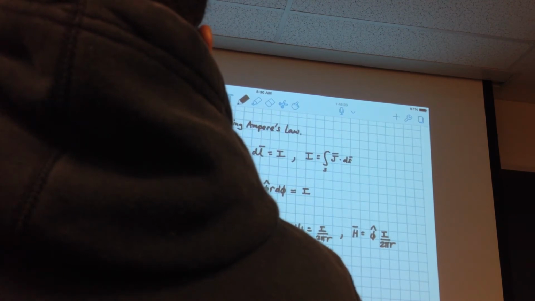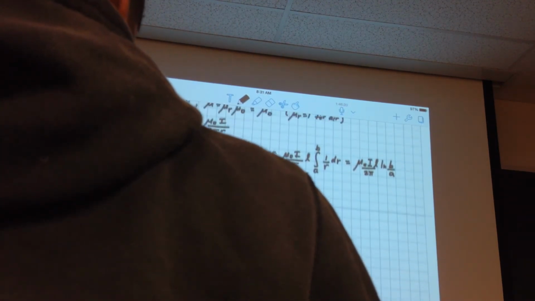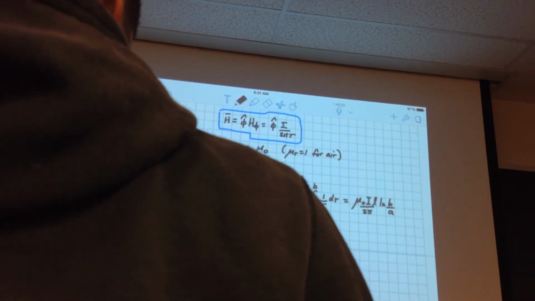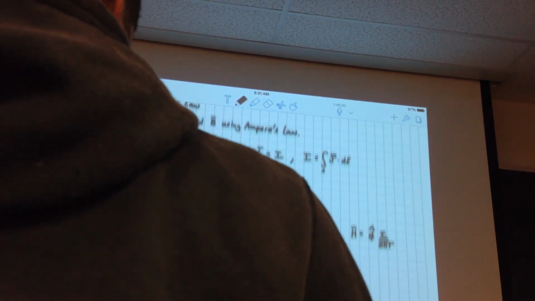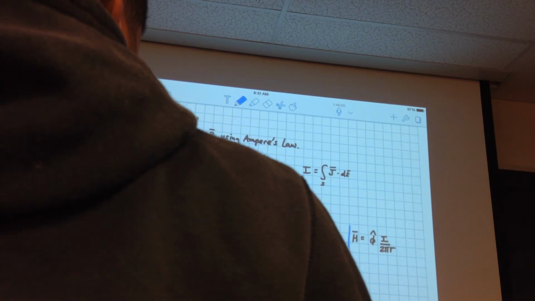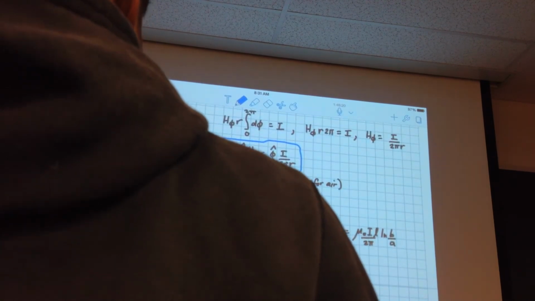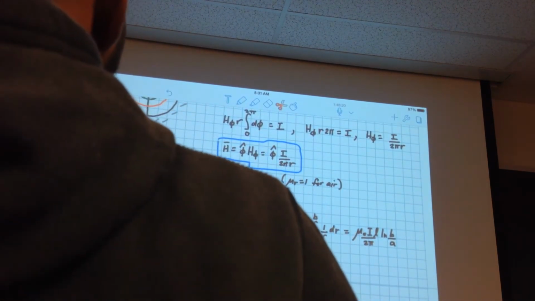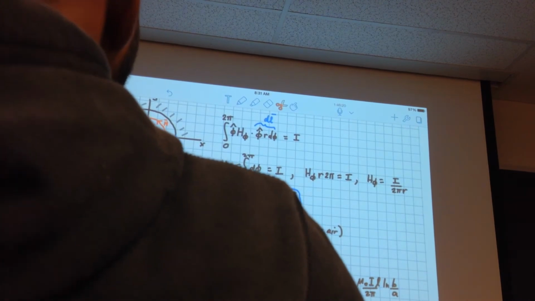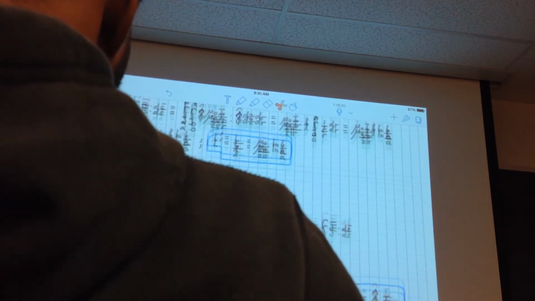What's interesting about that, well, that's the same thing as the magnetic field from a coaxial cable. Magnetic field is phi hat I over 2 pi r. Same thing here, magnetic field is phi hat I over 2 pi r. And that's because it's the current that's enclosed that's important in Ampere's law.